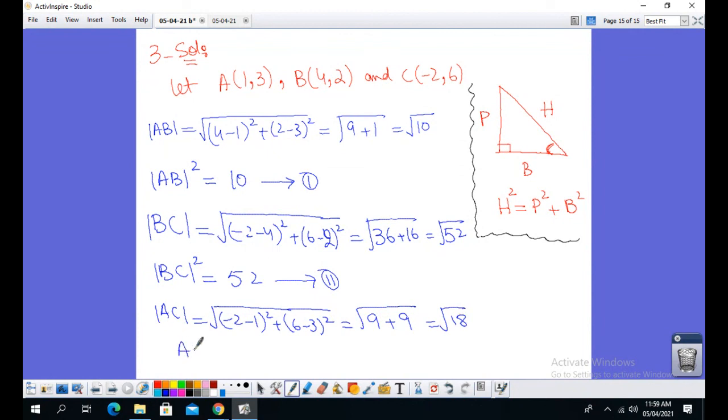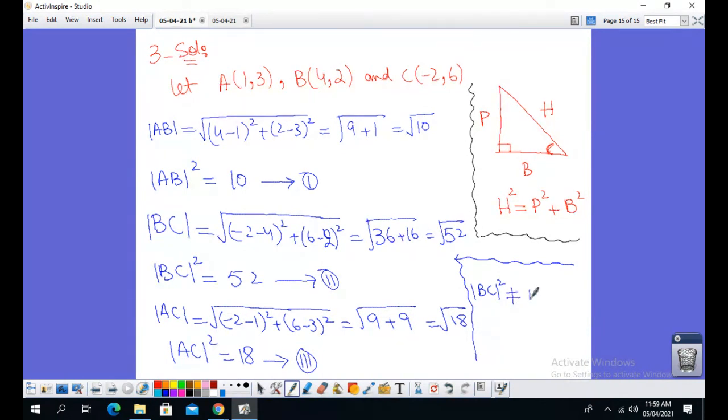Again we take the square of this side, because according to our given condition we have the squares of the sides. Here you see that the largest side, which is 52, we call BC squared, is not equal to the sum of the other two sides.